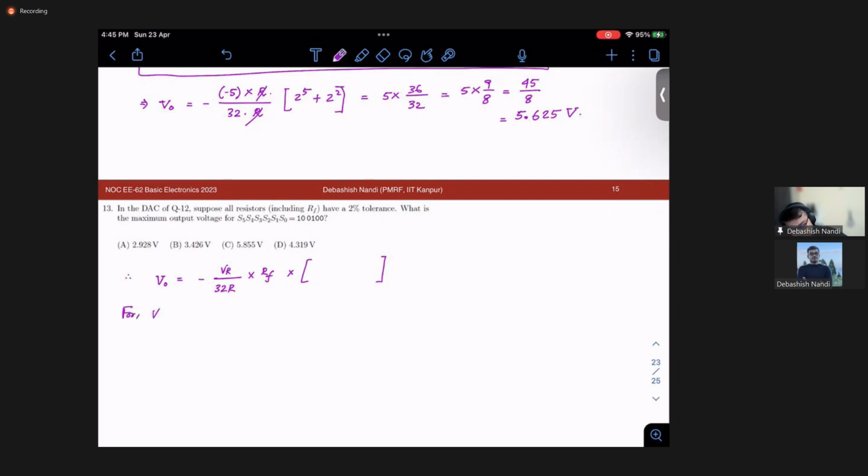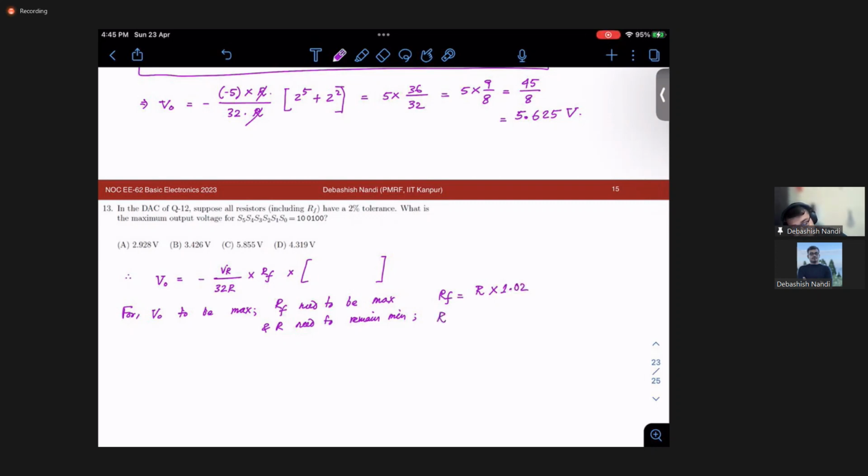For V naught to be maximum, RF needs to be maximum and R needs to remain minimum. So what is RF maximum? Nominal value R into 1.02, because I have a 2% tolerance.